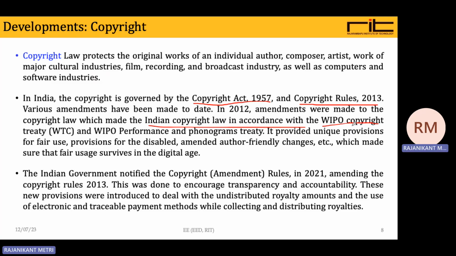Indian copyright law has been modified as per the WIPO Copyright Treaty, that is WCT, and the WIPO Performances and Phonograms Treaty. So it provided unique provisions for fair use, provisions for the disabled, and author-friendly changes, etc., and made sure that fair usage survives in the digital age.